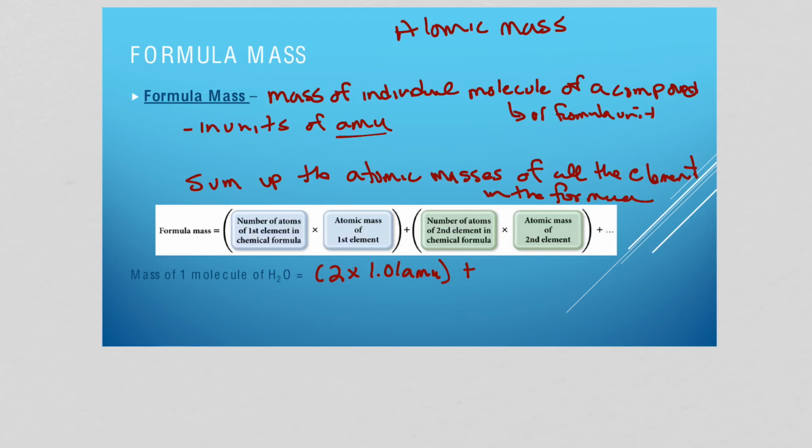Plus, for oxygen, we have 1 times 16.00 AMU, which gives me a total of 18.02 AMU. And that's going to be the formula mass or molecular mass of water. So that's the mass of 1 molecule of water in units of AMUs. So it's the analog of atomic mass for compounds.